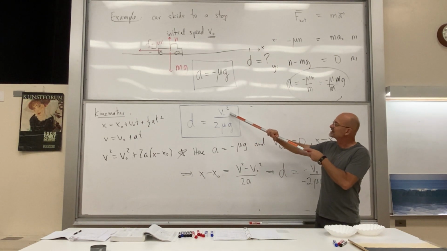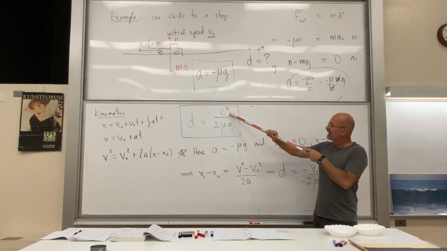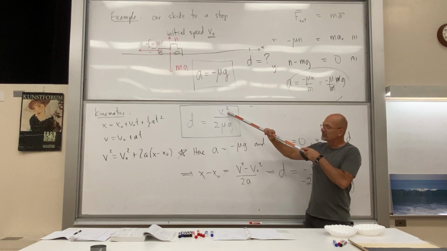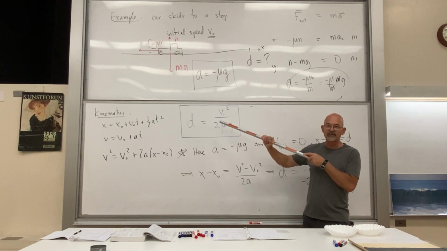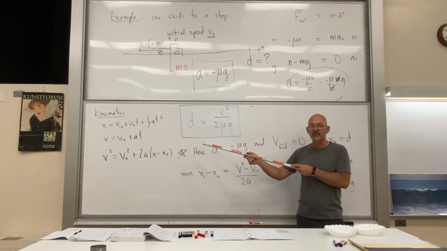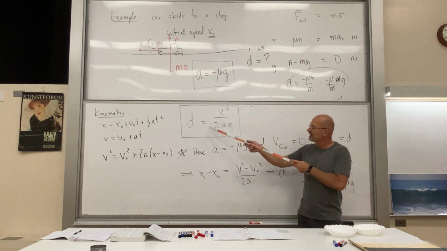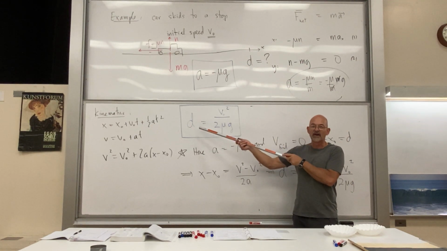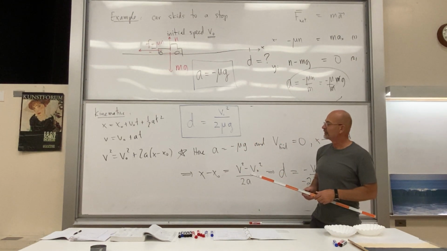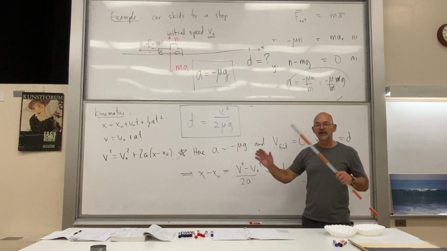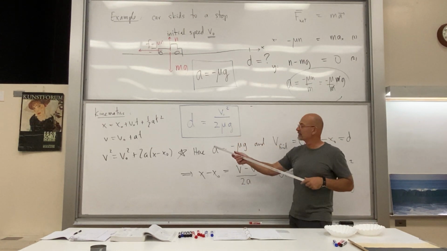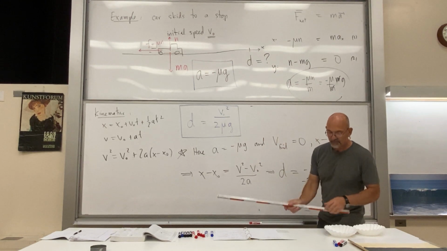If you're going 60 miles an hour, it would be 2 times 30, so the square of that would mean it's 4 times the distance to stop. If you double your speed, you quadruple the distance to stop. If you triple your speed, you need 9 times the distance to stop. And this is a law of nature. You may have tripled your speed and now you really, really want to stop, but it's going to take 9 times the distance, okay? So that's the first thing.